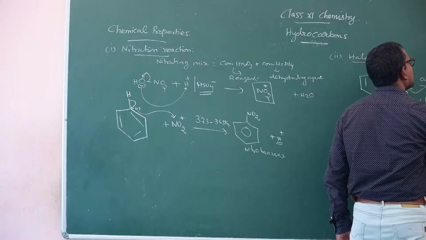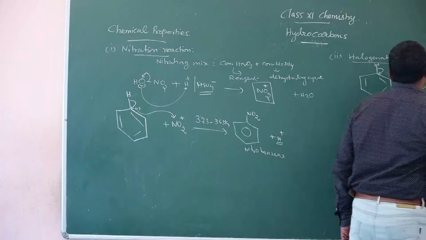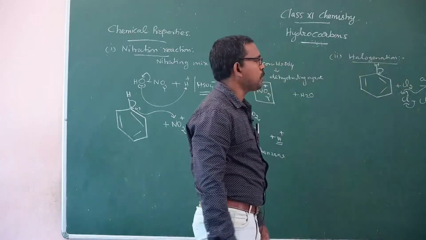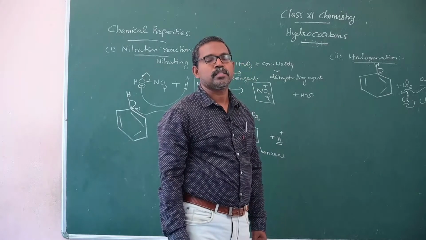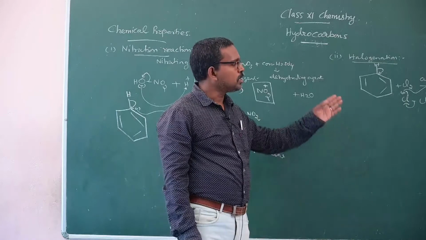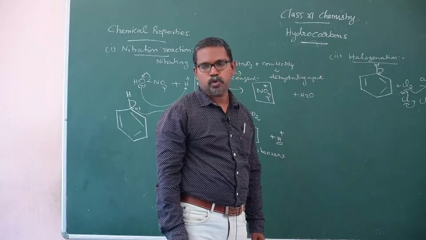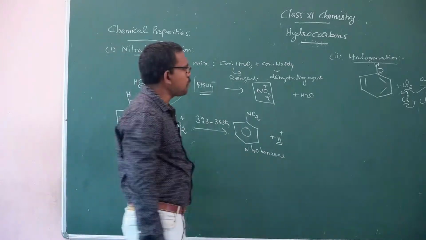This reaction is called electrophilic substitution of benzene. Chlorobenzene is formed. If we add bromine and anhydrous aluminum bromide, it gives bromobenzene. Bromobenzene is the product.